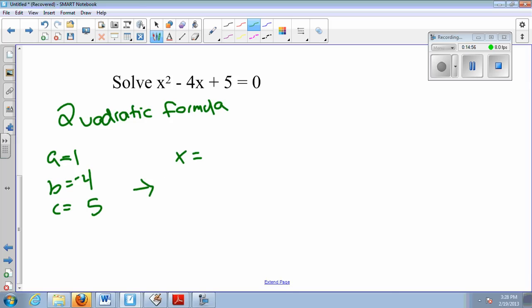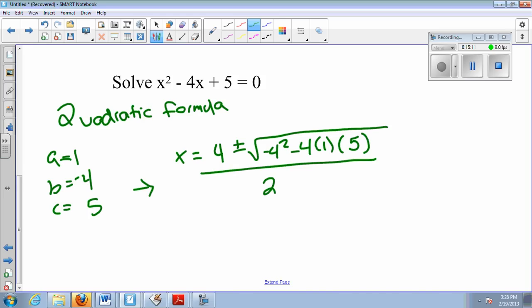So x equals negative b, so positive 4, plus or minus the square root of b squared, negative 4 squared, minus 4 times a times c, all over 2a.